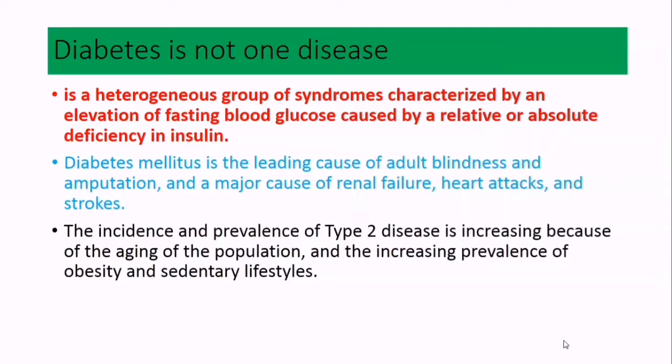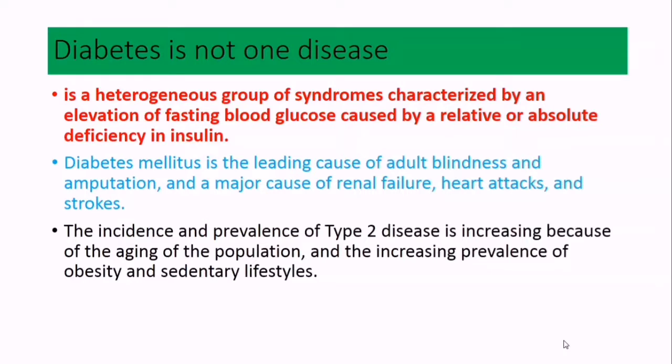So diabetes mellitus is the leading cause of many disorders and complications like blindness in adulthood and removal of parts of limbs, like amputation. Diabetes is also a major cause of failure of organs like the kidneys, and of heart failure, heart attacks, and brain strokes.